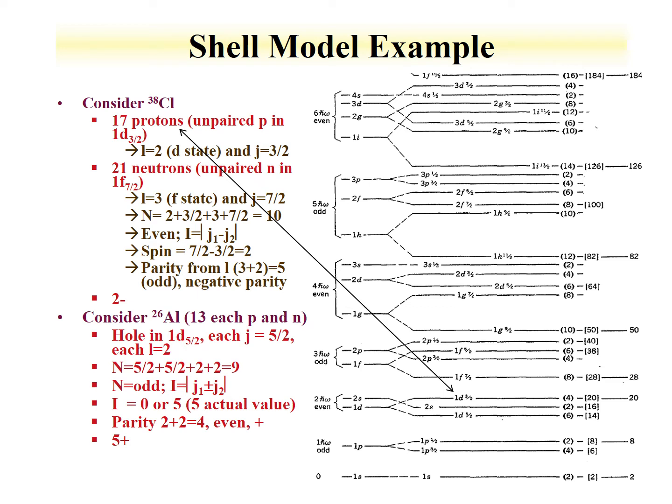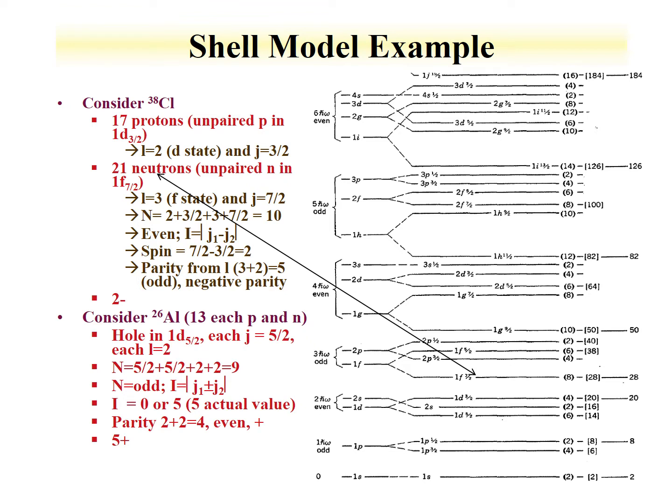S being 0, P being 1, D being 2. And J, the spin, is 3/2. The 21st neutron, there's 20, 21, is in the 1f7/2 state. So L is 3 for the F state, J is 7/2.